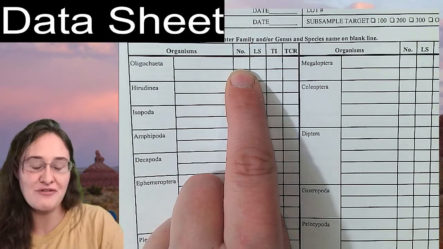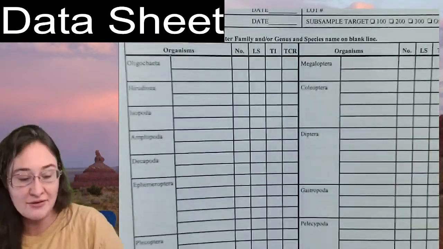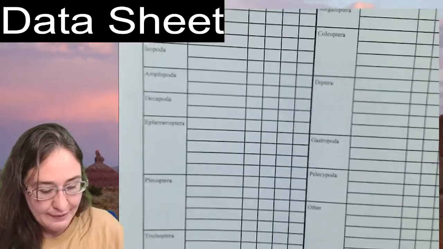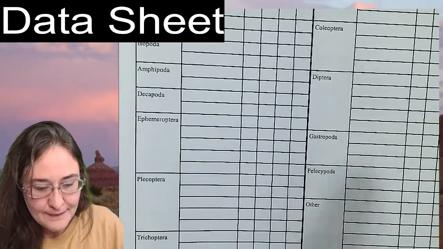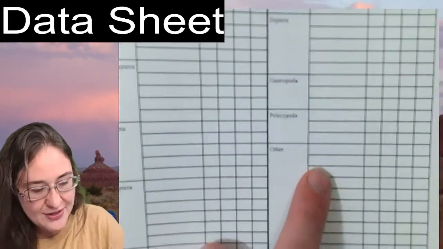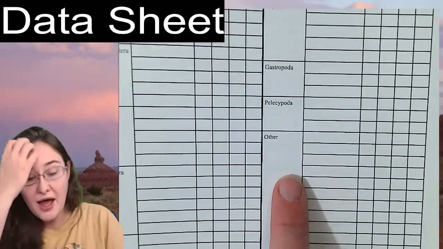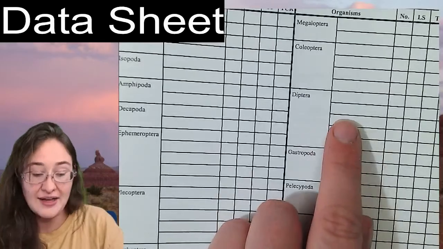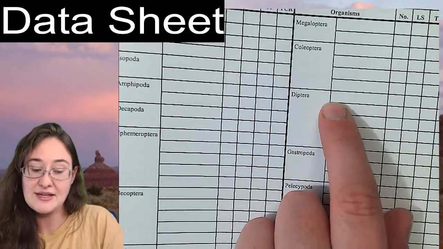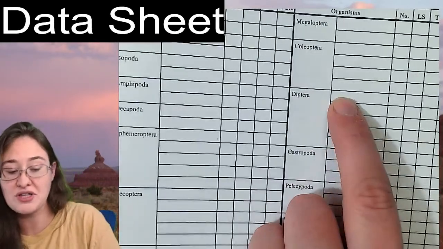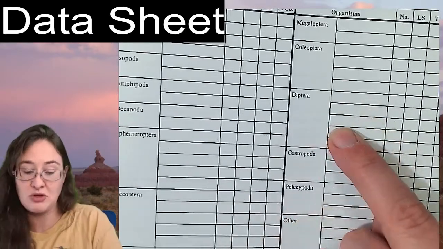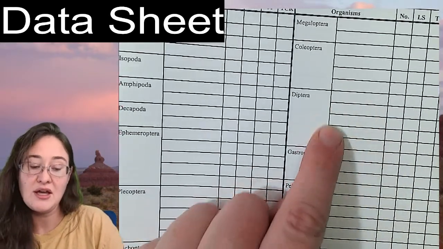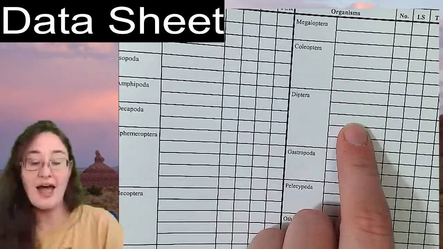So if you found 4 or 5 dragonflies, where's Odonata? Oh, I guess Odonata would be other, huh? If you found 4 different types of flies, for instance, you could put Diptera 4, or you could list Chironomidae, Simuliidae, or midge, black fly, crane fly, those types of things.